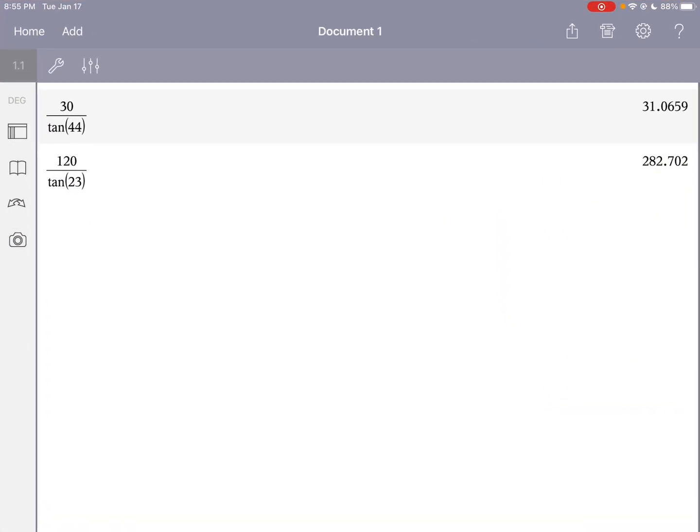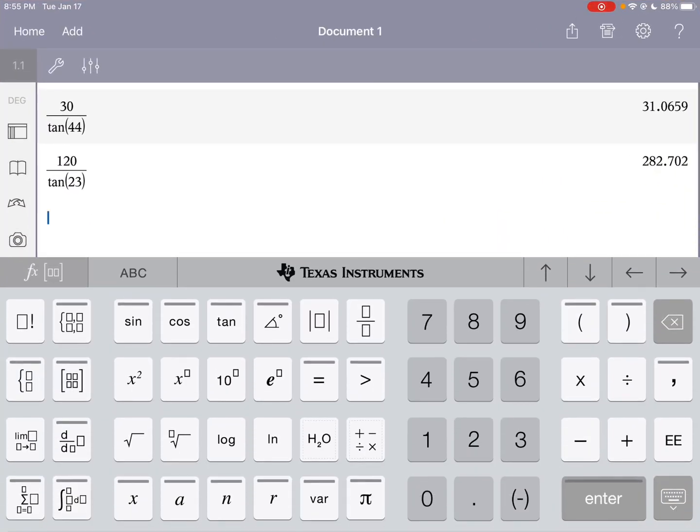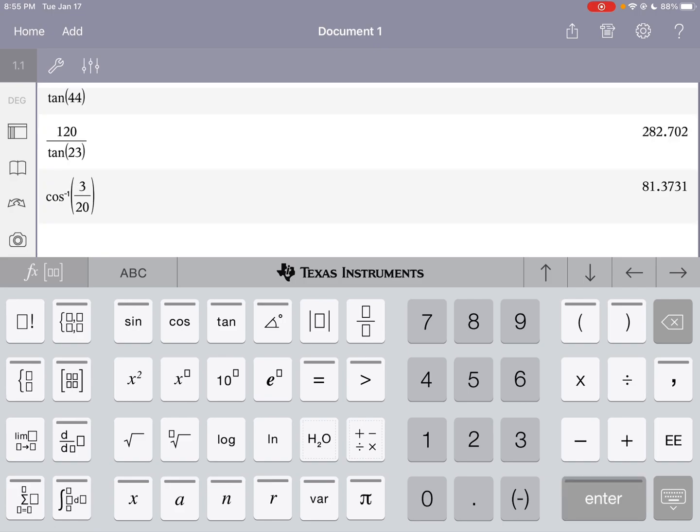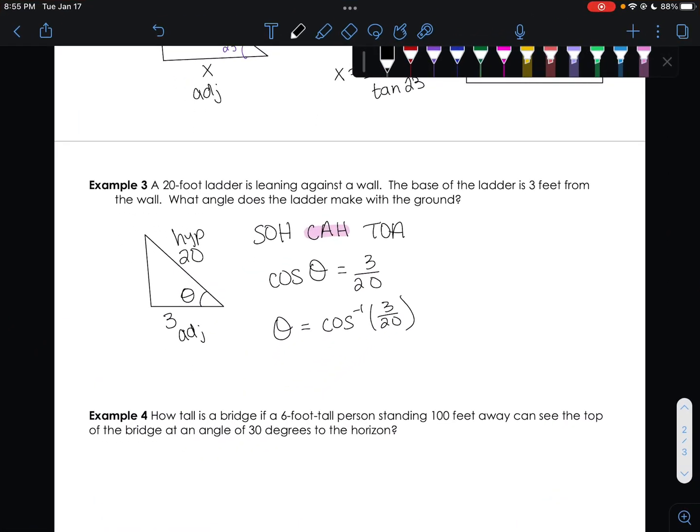So remember, to get the trig inverse, you hit the trig button on your yellow calculator and it should just pop right up. Or you can hit and hold down cosine, and then you get that -1, and it's 3 over 20. And we get 81.37 degrees. So theta is equal to 81.37 degrees.